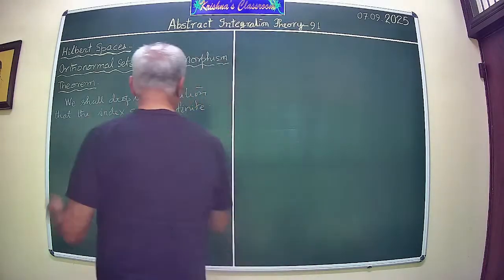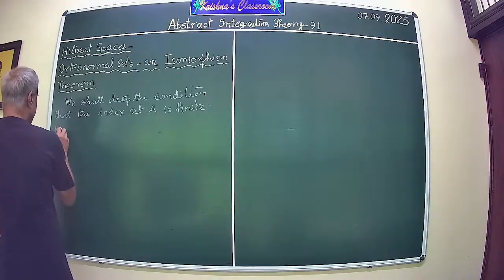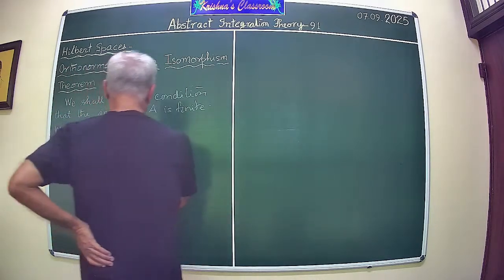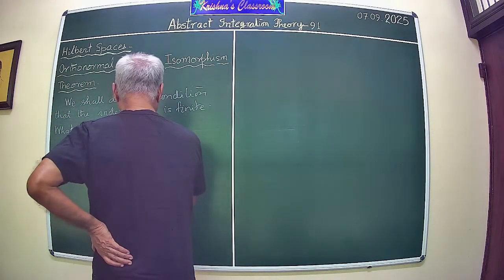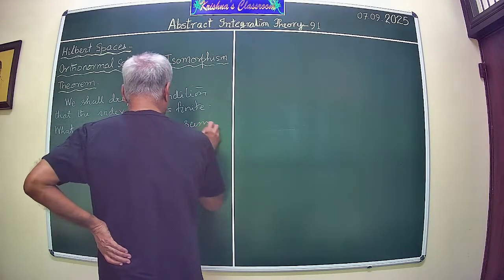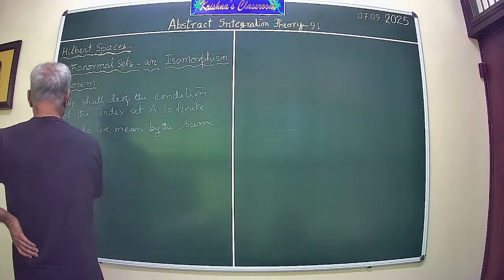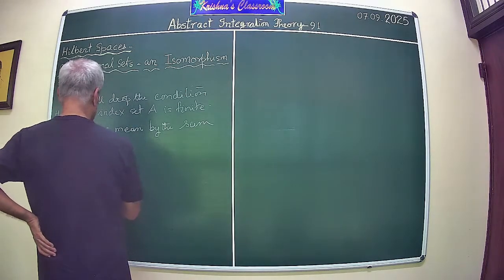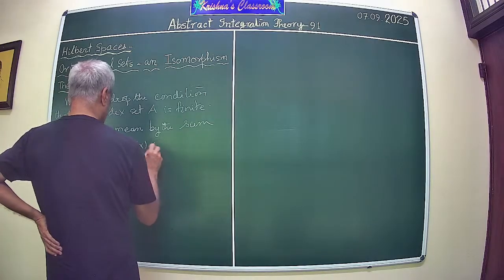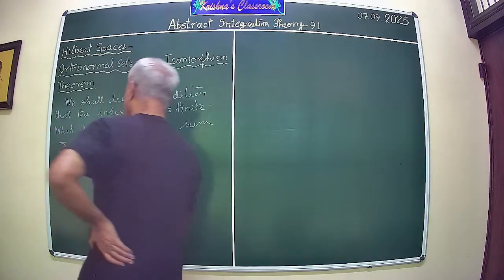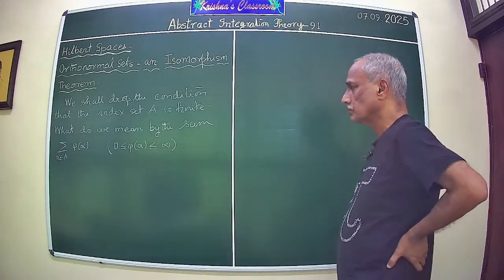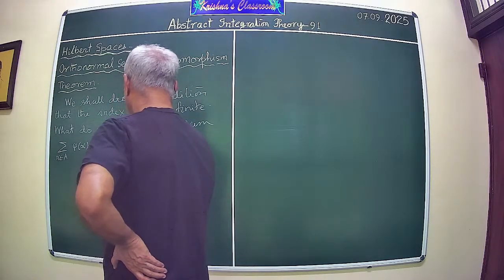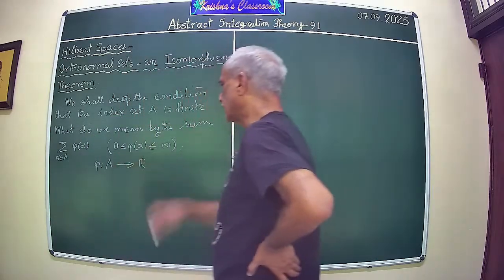Then of course there is a problem that comes up, namely, what do we then mean by the sum, where of course phi is now taken as a map from A to the non-negative extended reals with this condition.